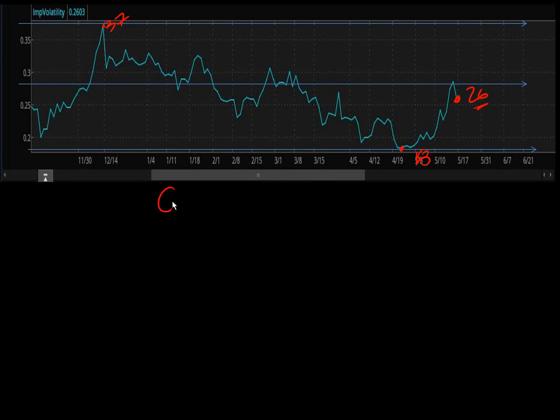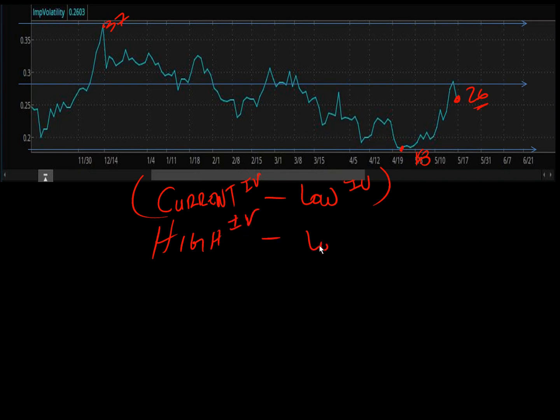But if you want to really drill down on the numbers and know how you come up with all of this stuff, it's basically the current implied volatility, right, minus the low implied volatility on this chart. And then you take that and do the high minus the low, all right? And what we're really just trying to do, sorry, I may have left something out.